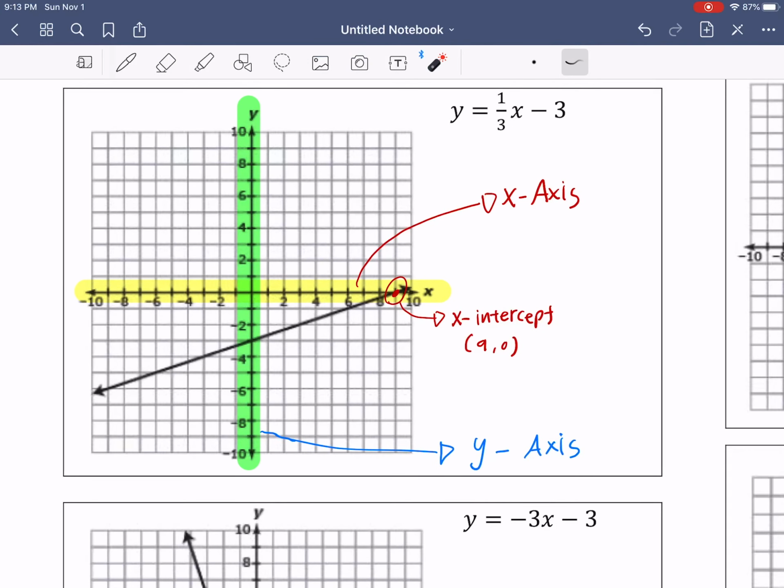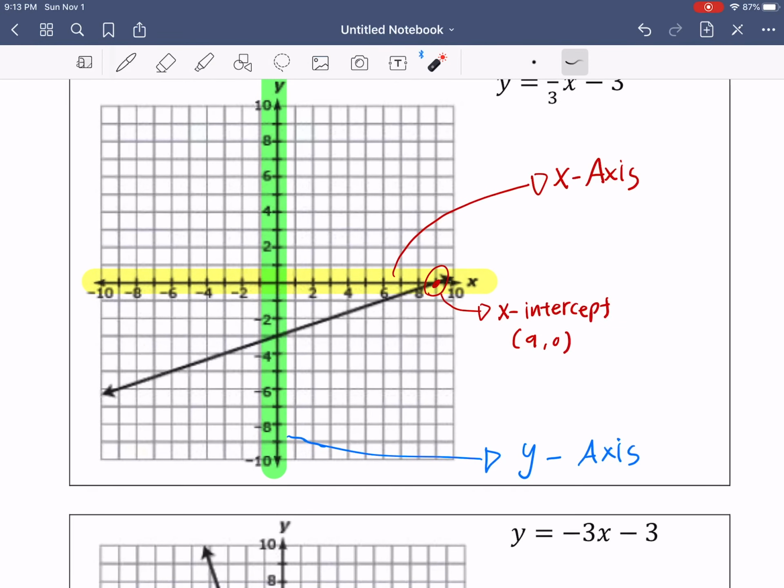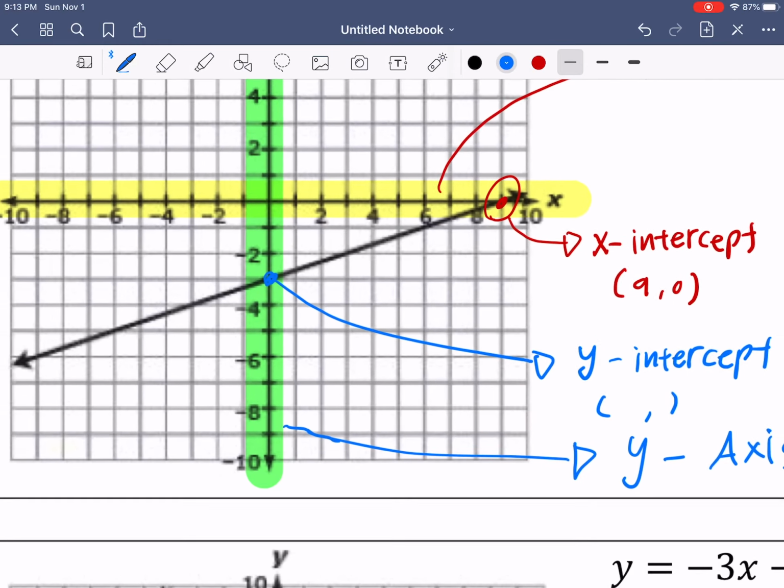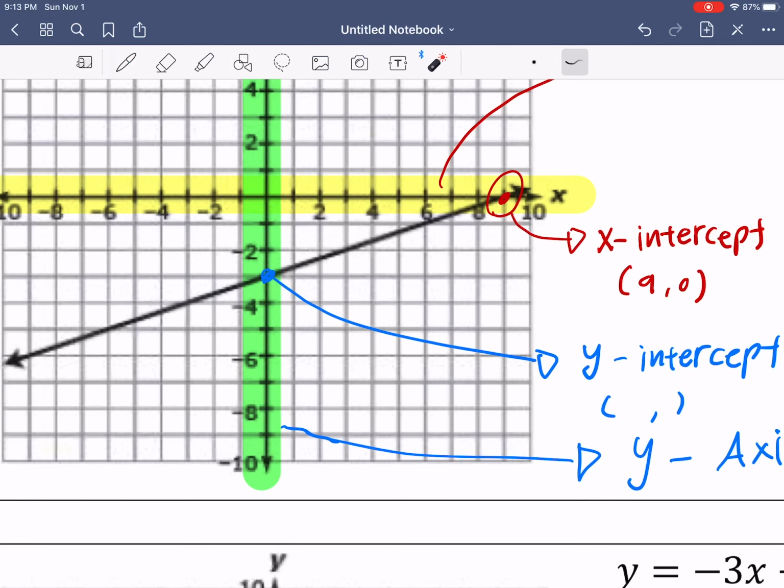What about the y-intercept? The y-intercept is where the graph touches the y-axis. In this case, it's going to be obvious. It's going to be here. That's the y-intercept. Now be careful: we always put the x value first and the y value later. If you look at it, the x value is what? -2, -1, 0.